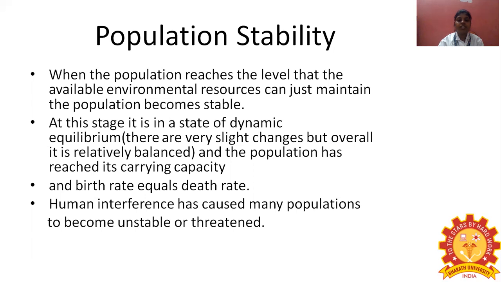There are very slight changes, but overall it is relatively balanced, and the population has reached its carrying capacity and birth rate equals death rate. Human interference has caused many populations to become unstable or threatened.